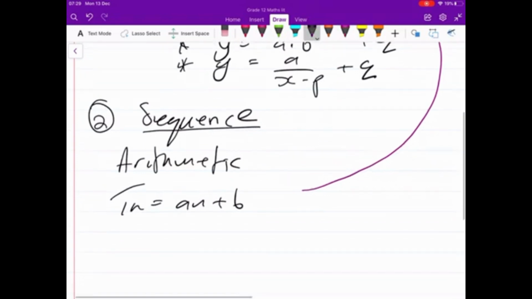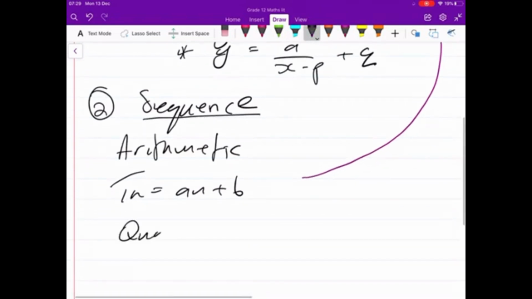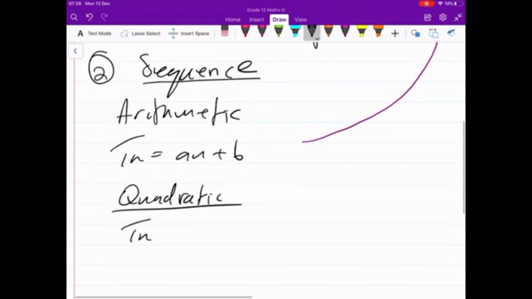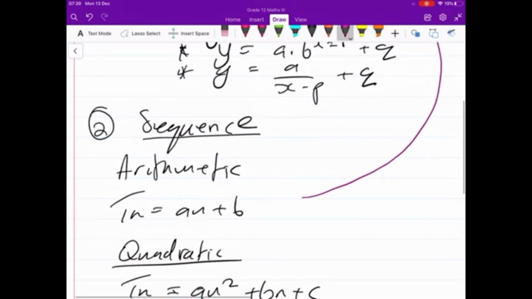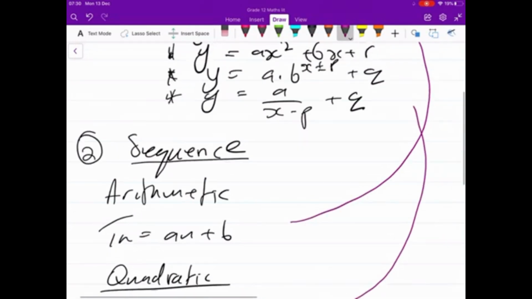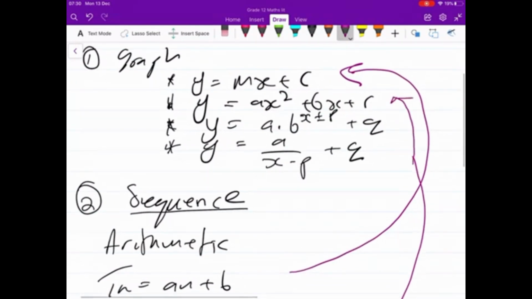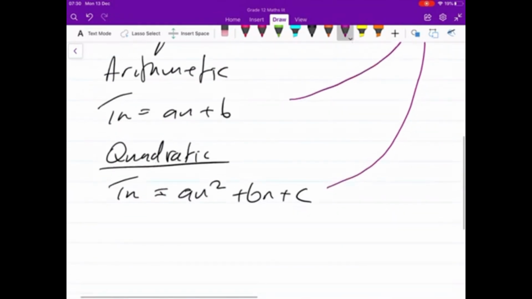And then you dealt with quadratic last year, which is what I'm going to look at now. A quadratic sequence is given by Tn equals An squared plus Bn plus C. And you notice that this was actually the same as your quadratic function. It's just that the way in which we are representing this function is different.